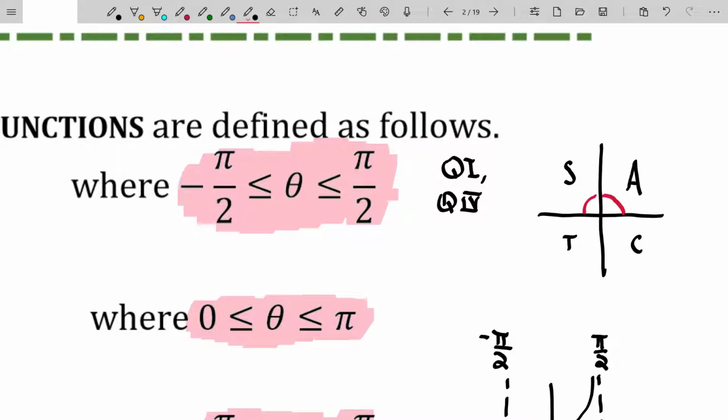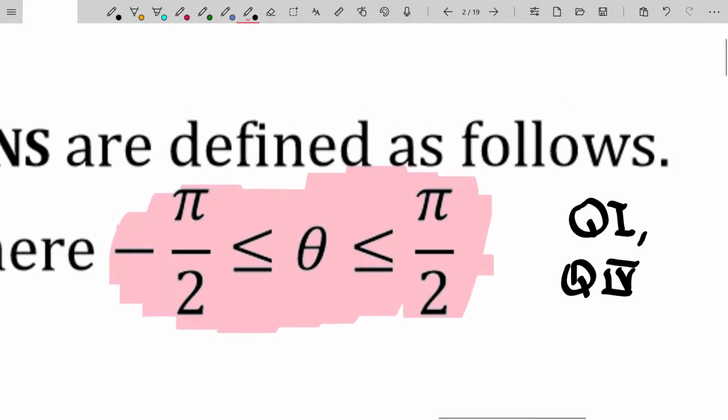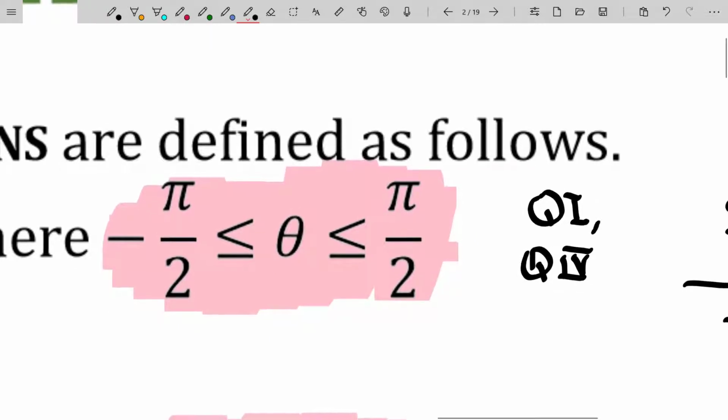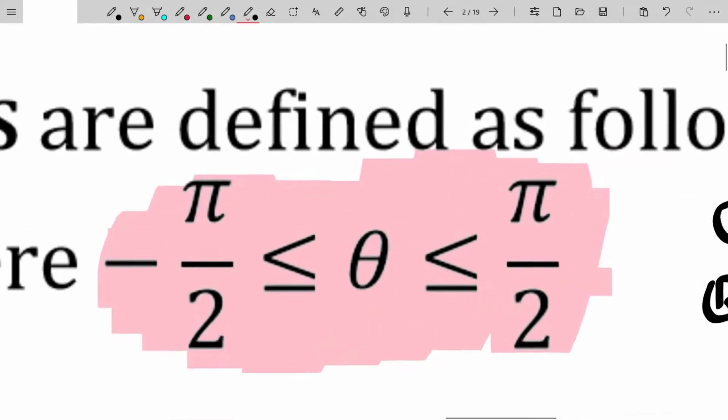The reason why I insist that you do both the inequality and the quadrants is because there are an infinite number of angles that land in quadrant 4. Even if they have the same reference angle, there's still an infinite number of angles with that reference angle that land in quadrant 4. However, we are severely restricted.